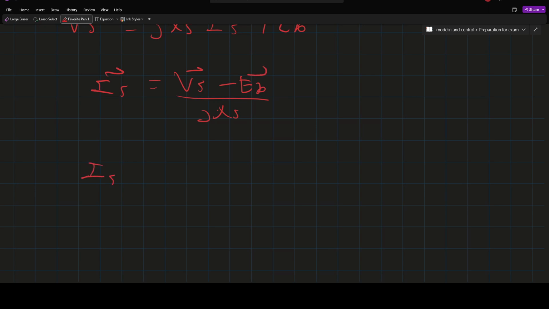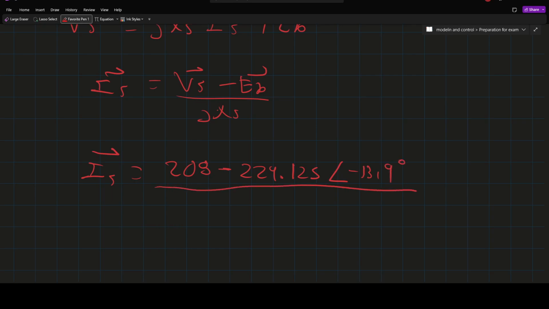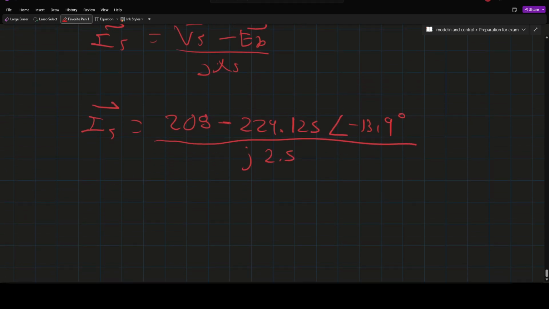So our IS is going to be 208 minus 129.1 at an angle of 13.9 degrees over j2.5. So we get our IS of 22.6 at an angle of 13.9 degrees.